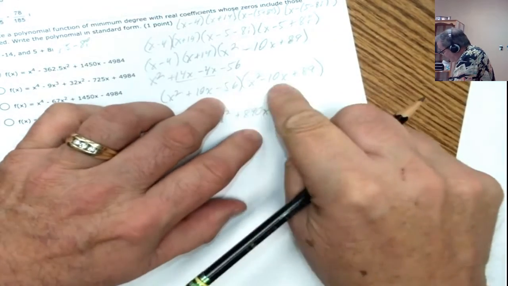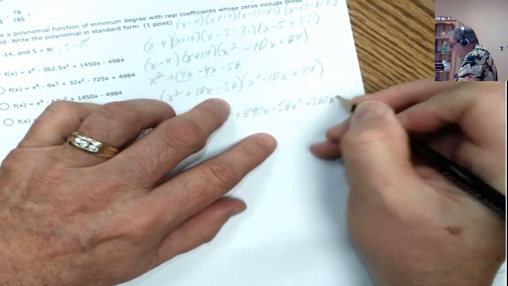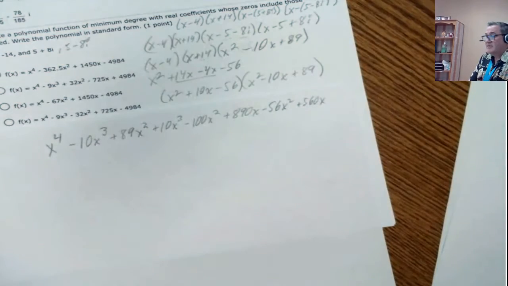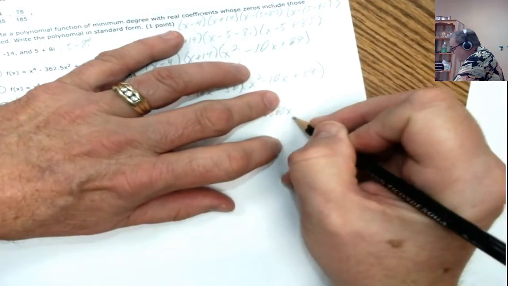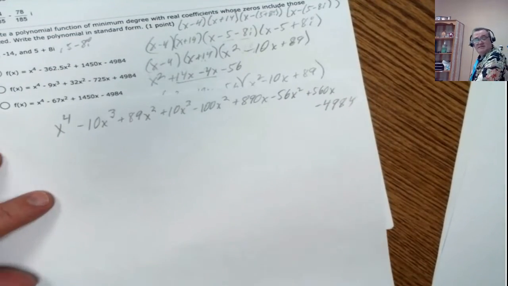Negative 56 times negative 10x is a positive 560x. And negative 56 times 89. Pull out the old trusty calculator again on that. Negative 56 times 89 is negative 4984. Okay, still ran out of room. Started way over at the side, still ran out of room before I got to the end of that one.